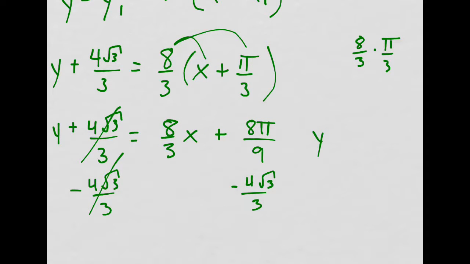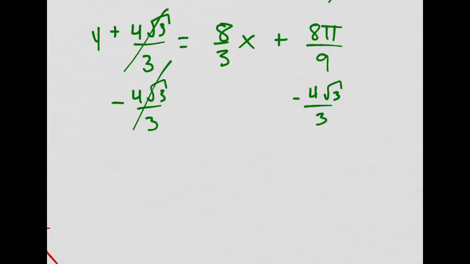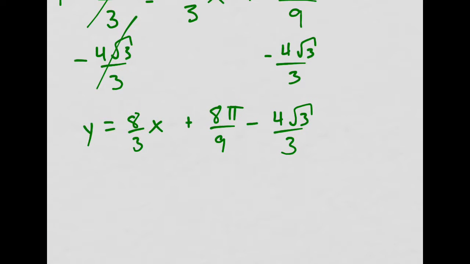So what do I have? I have y equals 8/3 x plus 8 pi over 9 minus 4 root 3 over 3. So now all we have to do, or all the answers would be doing, is just getting a common denominator between these two. Because remember, y equals m is 8 over 3, x plus, and this is the b part.